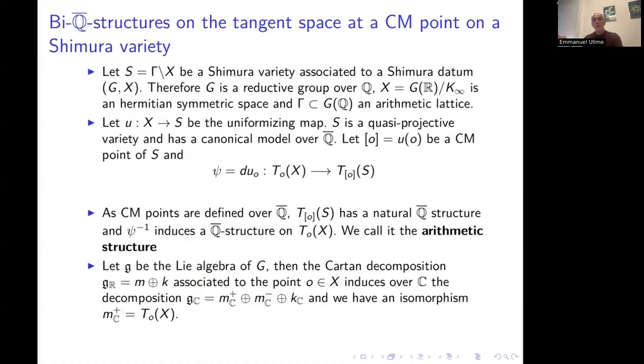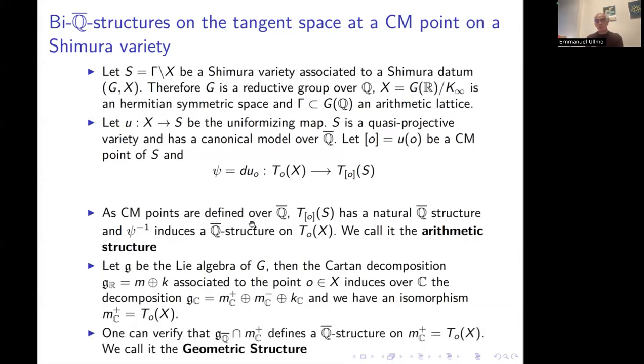And when you extend the decomposition to C, the M part of the Cartan decomposition further decomposes in two parts, MC plus and MC minus, which are abelian sub-algebras of GC. And the holomorphic tangent space of the Hermitian symmetric space in this situation is the MC plus part.